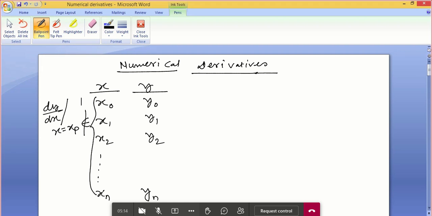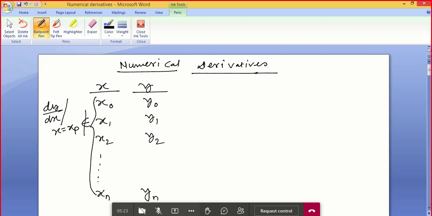Okay. Question is clear? Yes, sir. So on the basis of the data sets, suppose these are equally spaced data sets, and xp is in the beginning neighborhood with x values equally spaced, then you will use the Newton forward interpolation, and whatever interpolated polynomial phi x you get, in that polynomial you have to take the derivative, that is approximately d phi x by dx.